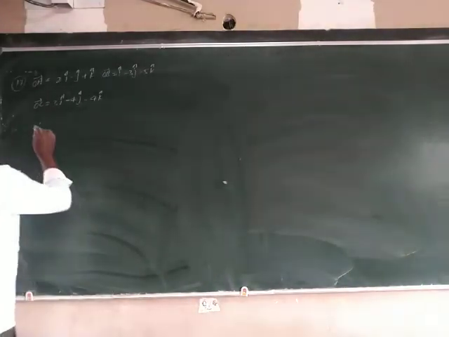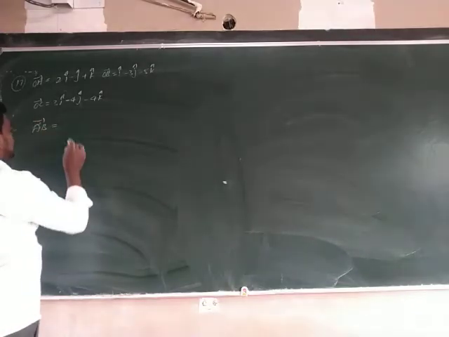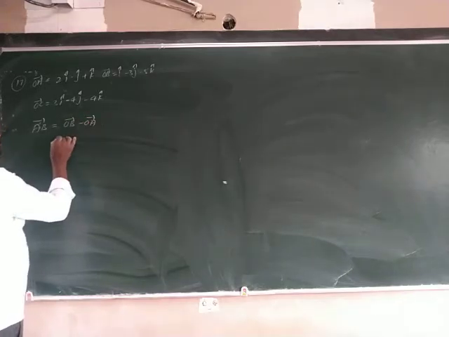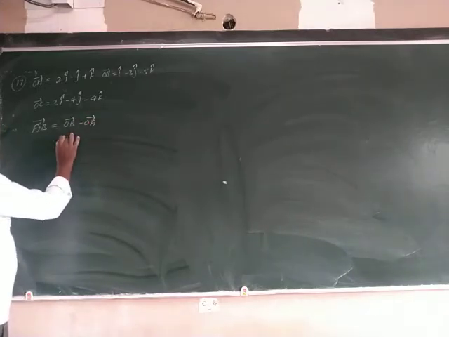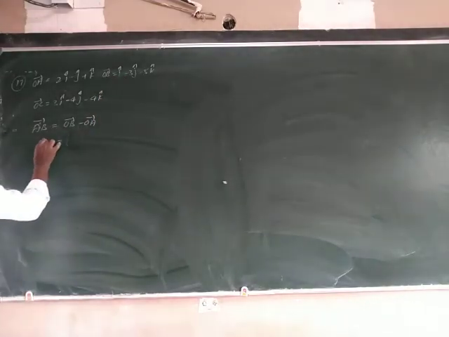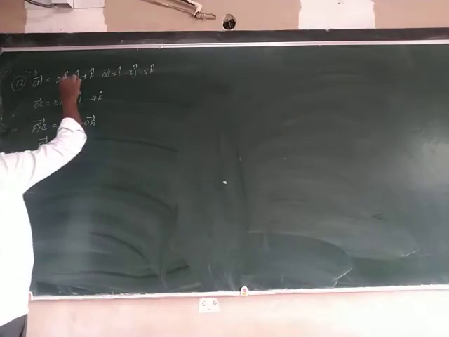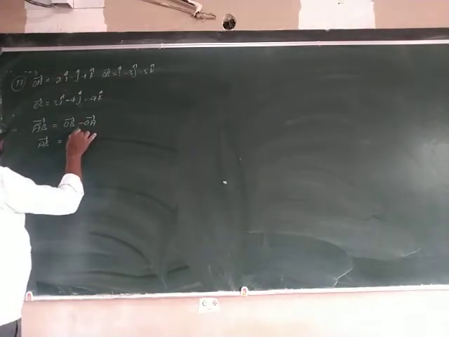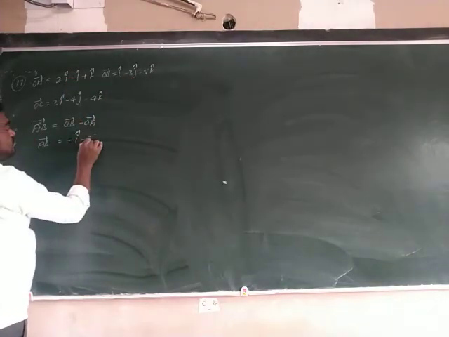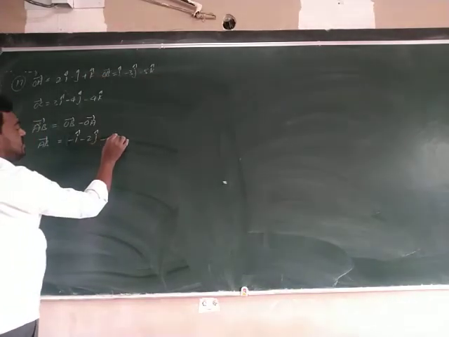So I am finding the side vectors. Vector AB is equal to OB minus OA, that is i cap minus 3j minus 5k minus 2i plus j minus k, so minus i cap minus 2j cap minus 6k cap.